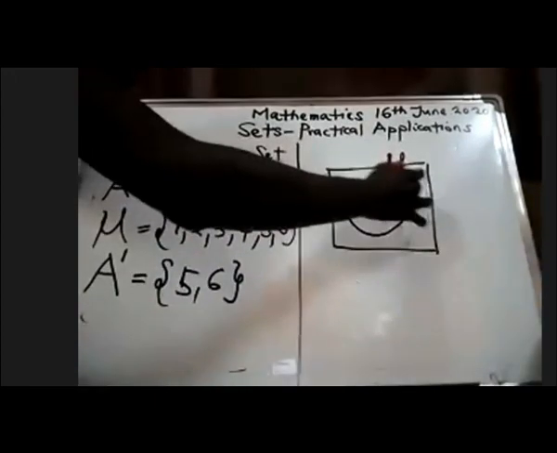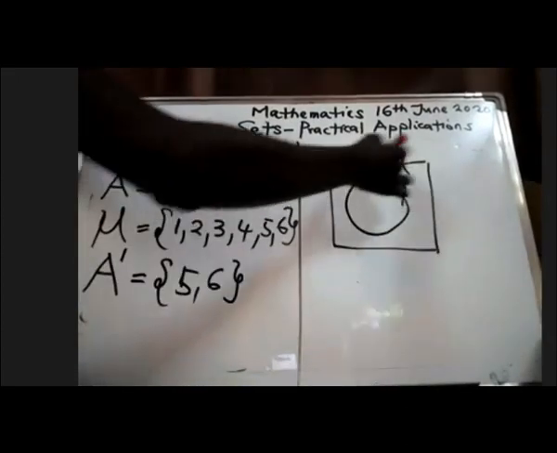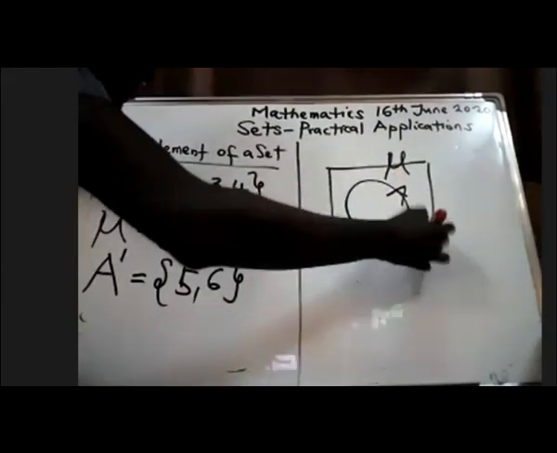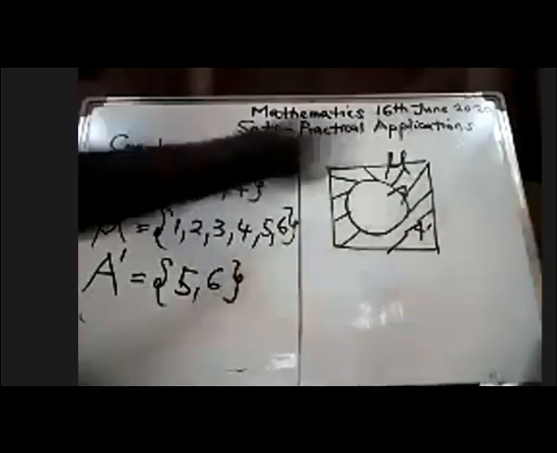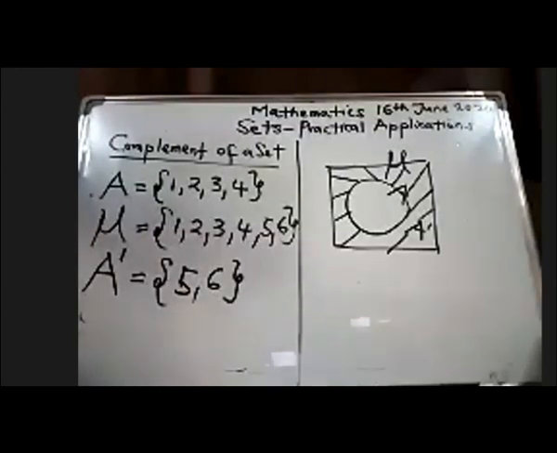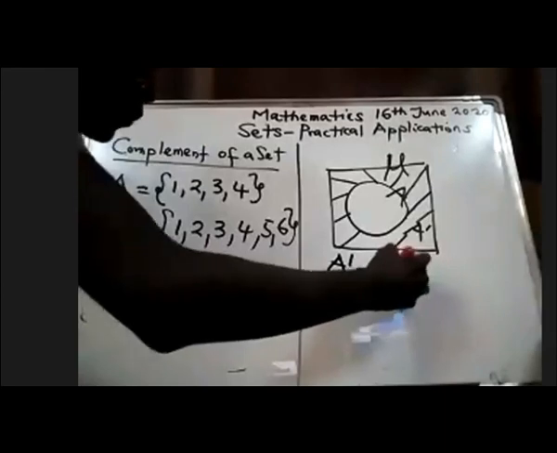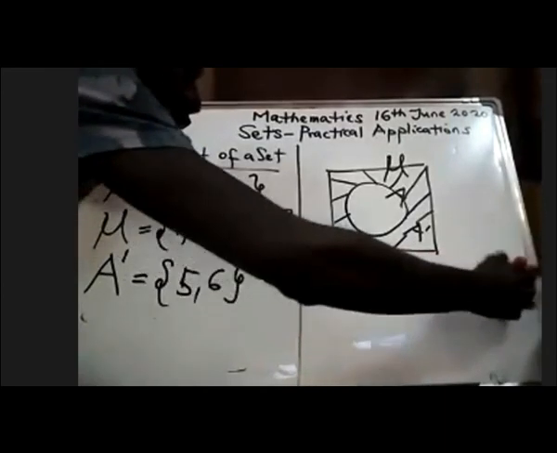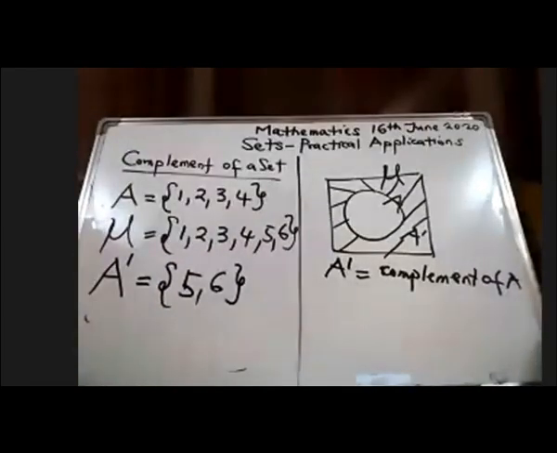So this is A, for instance. The region inside the universal set but not in A is what we call A prime. So I'm going to shade that for better clarity. The area I have shaded is called A prime, where A prime is the complement of A.